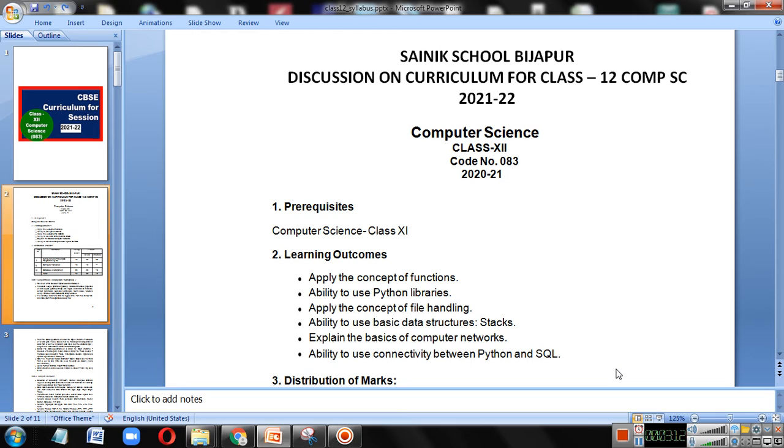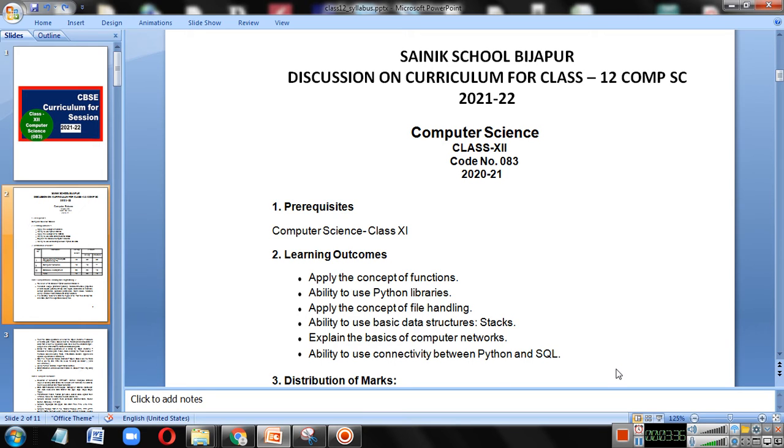Of course, the prerequisite for the class 12th curriculum is computer science with Python, what you have studied in class 11th. As learning outcomes in class 12th, you will apply the concept of functions. So far you have studied only the built-in functions.